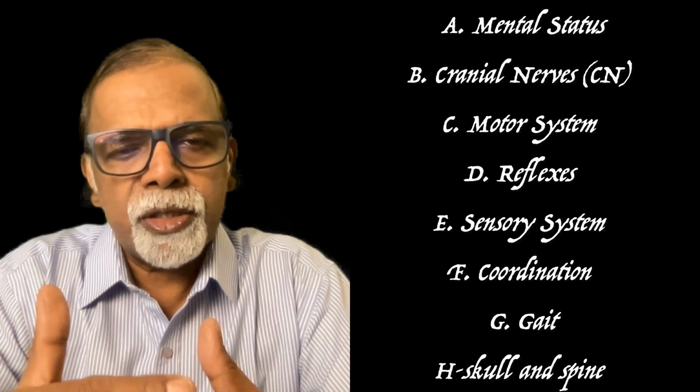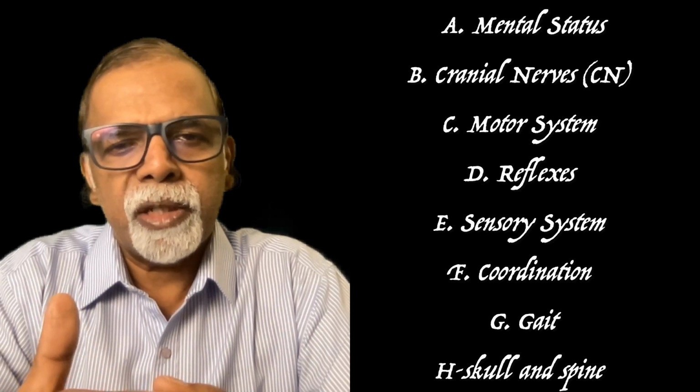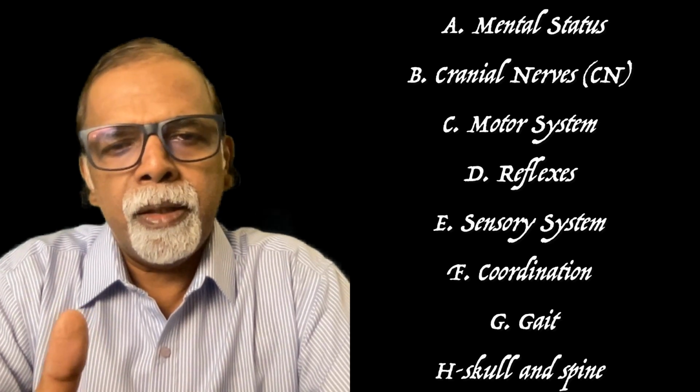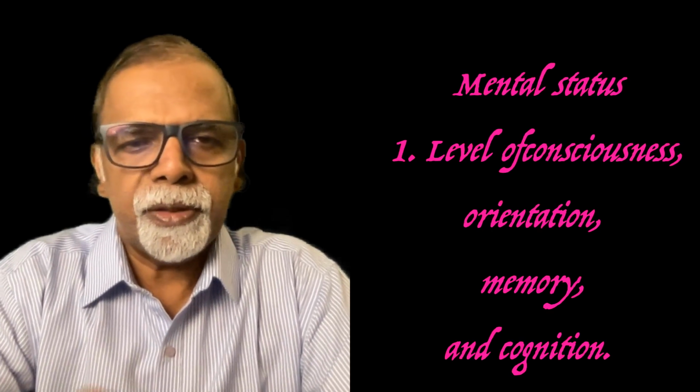Even though in some books motor system examination is divided into bulk, tone, power, reflexes, and coordination, including gait also, that is what I said, there is no universally accepted method of examination.